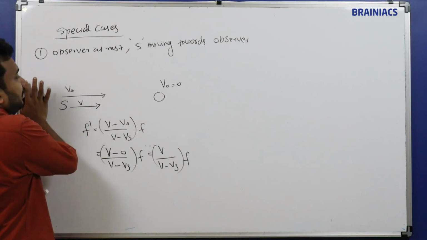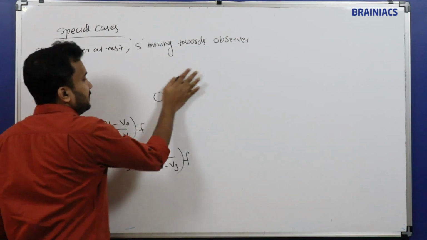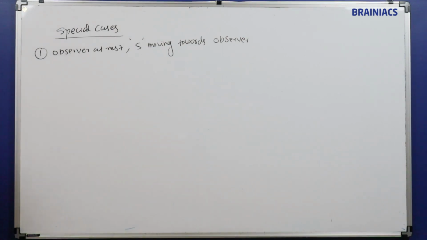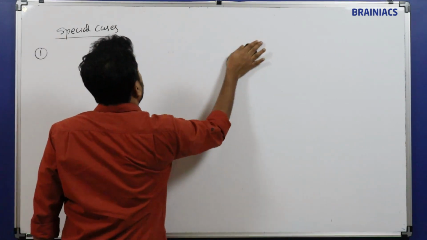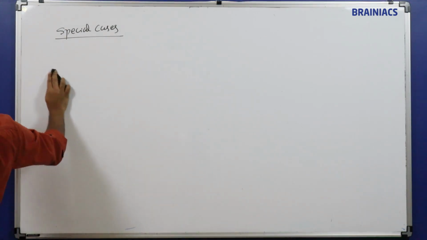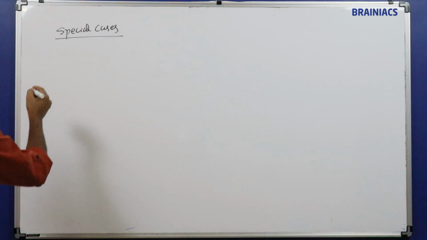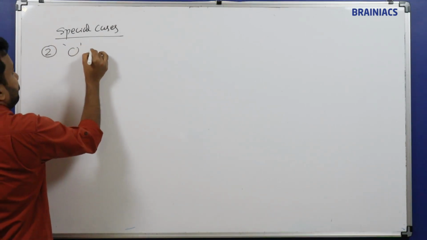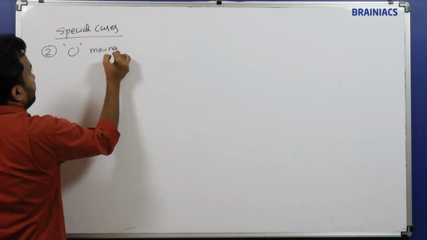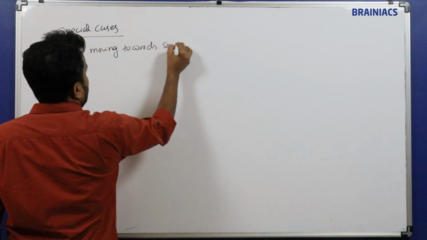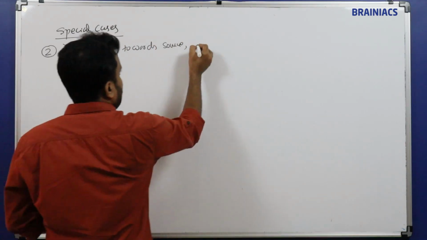Let me tell you some examples, and based on this we'll do some questions. Next, the other special case, the second special case. I am telling you one concept. The second one: O means the observer is moving towards the source.